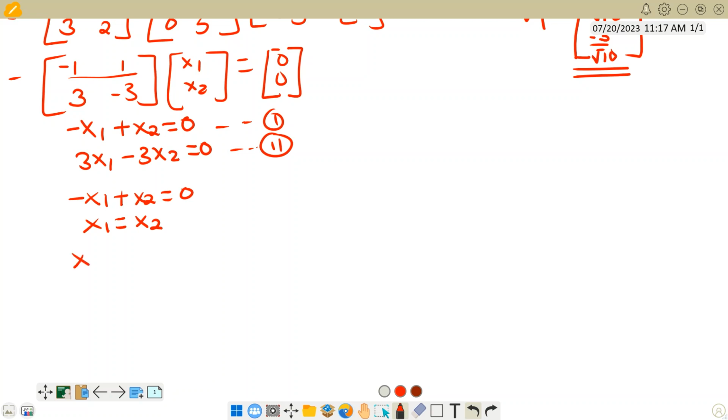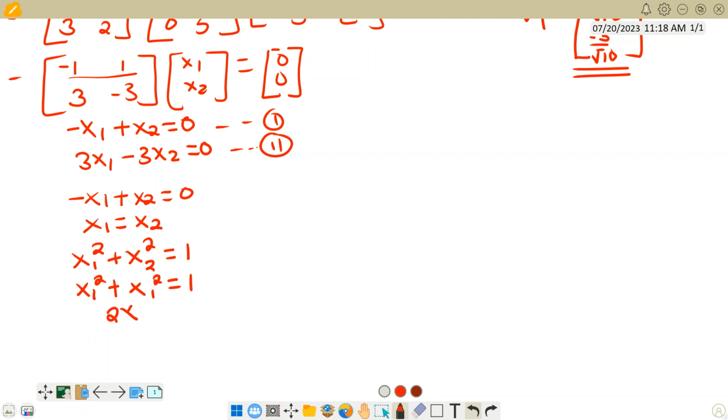Then we go back to our normalization equation, which should be equal to 1. Where there is x2 we can put x1, so this will be x1 squared plus x1 squared, which is equal to 1.